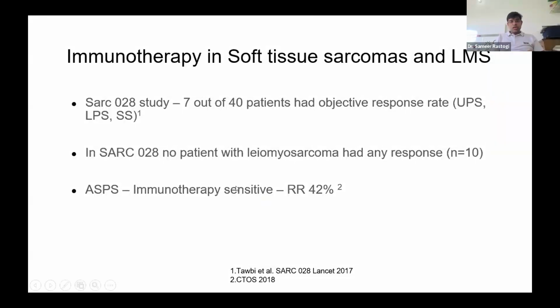Okay. So what about immunotherapy in soft tissue sarcoma? What are the subtypes in which immunotherapy works? Can I have all the subtypes? ASPS. Okay, let's write this, ASPS. What else? UPS, maybe with PDL1 more than 1%.